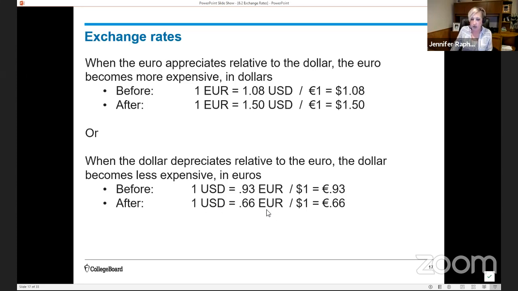Okay, so you see how the euro is getting more expensive in dollars, but the dollar is getting less expensive in euros because it takes fewer euros per dollar than it did before. So these things are happening simultaneously. When the euro appreciates relative to the dollar, the euro becomes more expensive. But it is also true that the dollar is depreciating relative to the euro, and the dollar becomes less expensive in euros. So that's an important thing to understand.